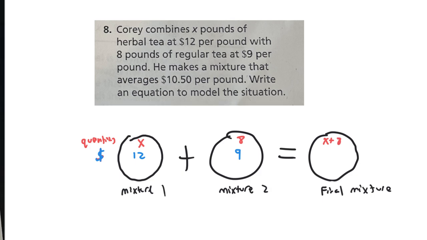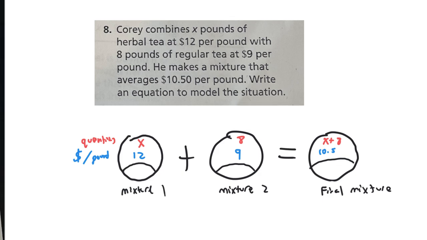The cost per pound of the final mixture is $10.50. And we'll be clear that the blue part is cost per pound.